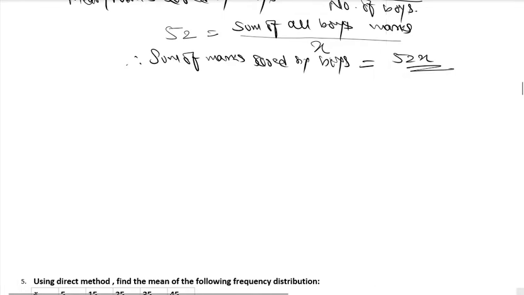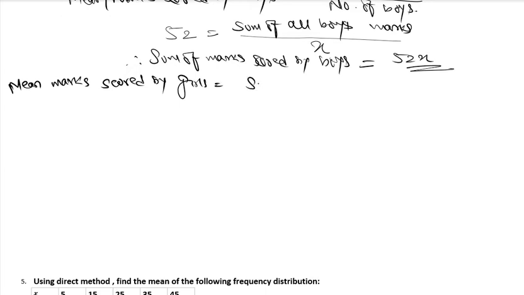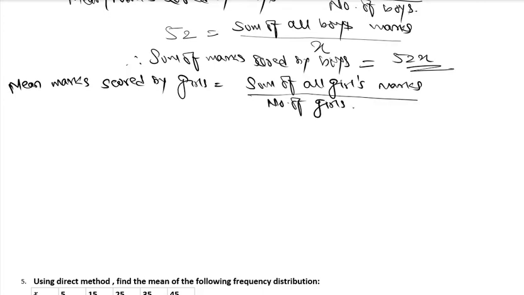Now what we are going to do is a similar thing with the girls. Mean marks scored by girls is equal to sum of all girls' marks upon number of girls, right?